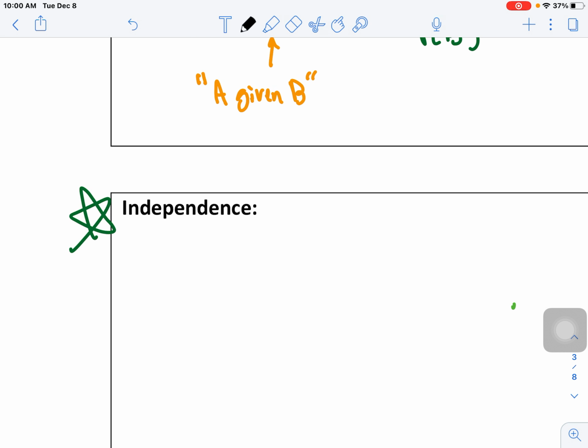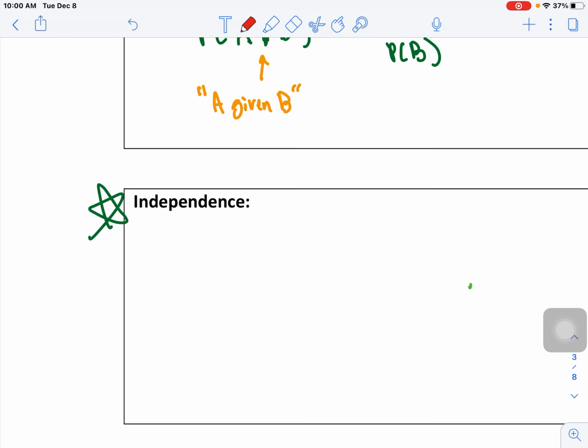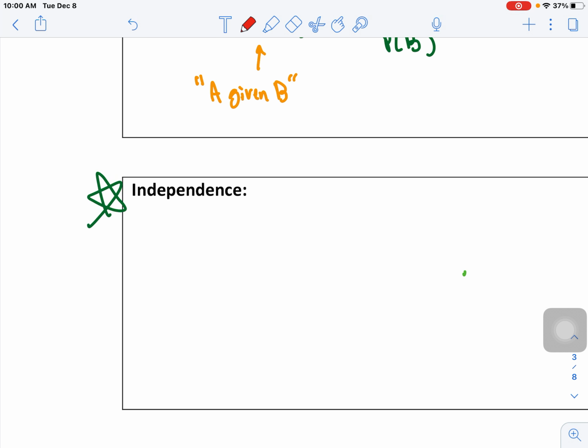Independence, we've talked about two events being independent before. For example, how I perform on a test, the probability that I do well on that test, that's independent of the weather outside, right? Whether or not it rains or snows or is a sunny day, that should be independent from my grade on that exam.